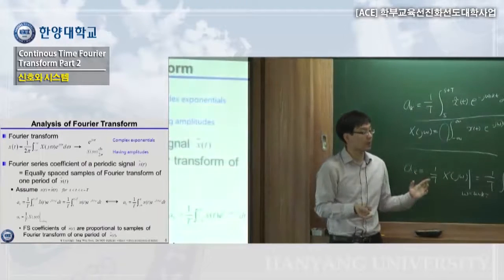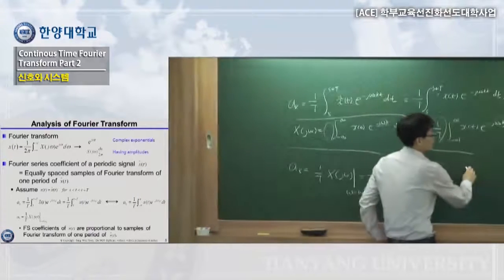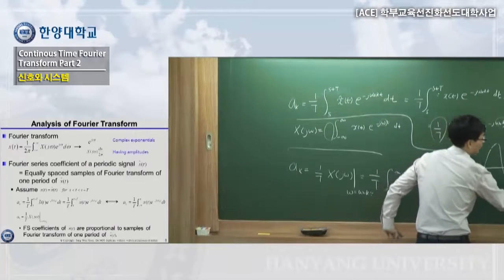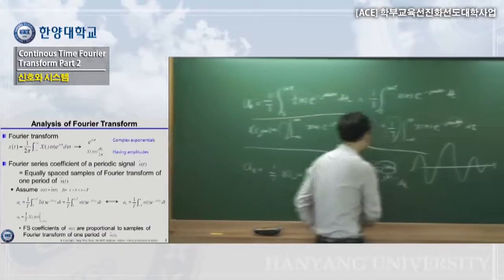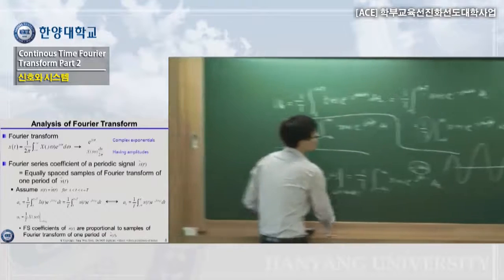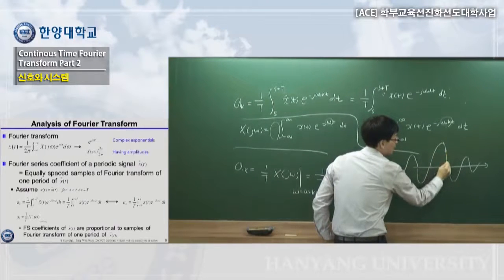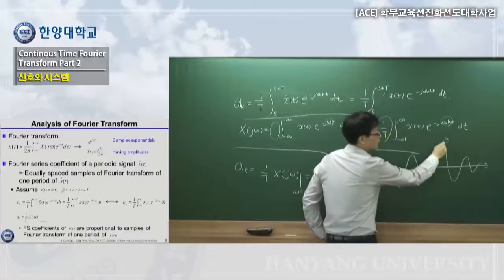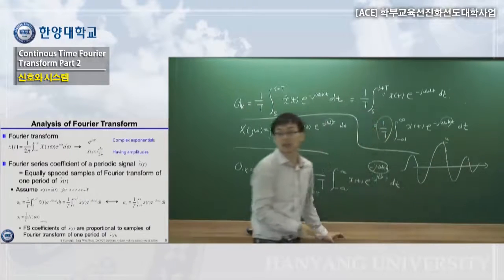We have claimed before that the Fourier transform is a continuous function, and the Fourier series coefficient is getting a sample by spacing of omega_0: omega_0, 2 omega_0, 3 omega_0, 4 omega_0, right?